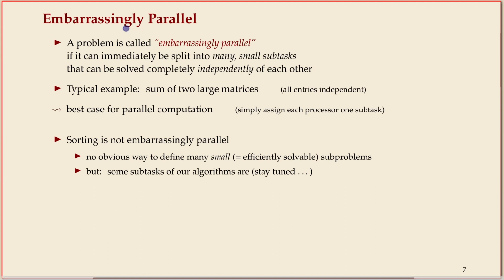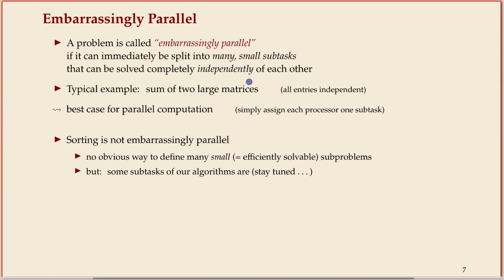And what I want to introduce here is a term that's maybe a bit funny, but people kind of stuck with it. We call problems embarrassingly parallel if they're very easy to parallelize. Slightly more detailed, what we mean by that is the overall problem can, without much effort, essentially immediately be split into many small subtasks, and each of them can be solved independently of each other.